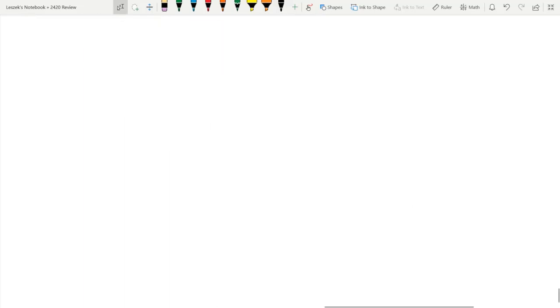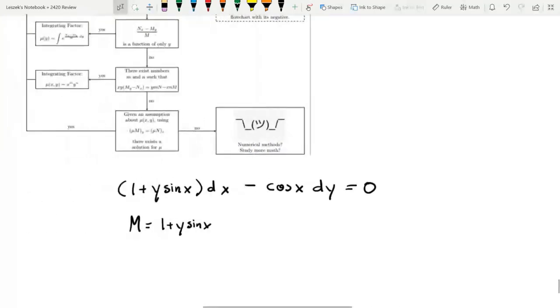We identify n as the thing that multiplies dy. And of course, you want to be careful here in these formulas. There's a plus here in the formula. So you have to think of that as plus and negative cosine. So n would be negative cosine.